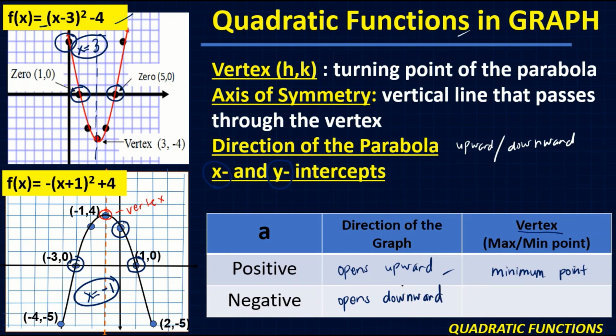And if our graph opens downward, yung vertex natin is pinakamataas doon sa part ng parabola. Okay, dito siya sa pinakamataas na part ng parabola. So, we serve the vertex as the maximum point of the function.